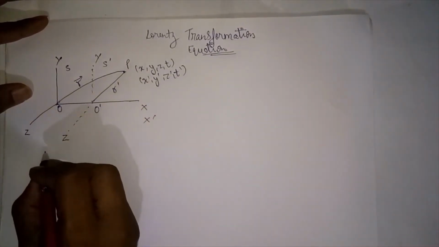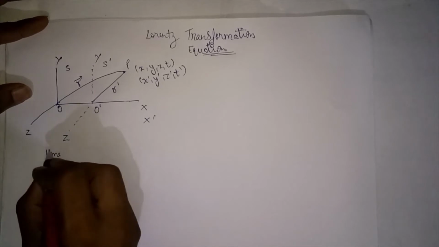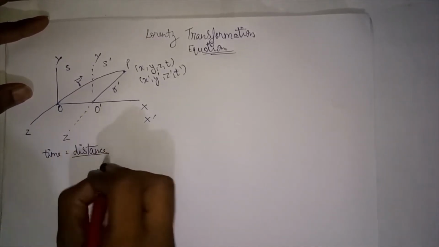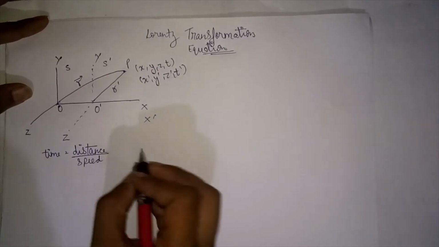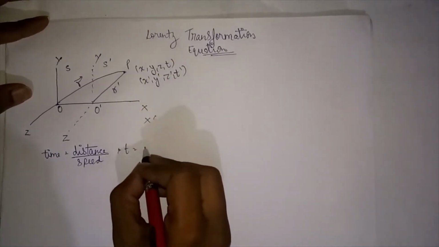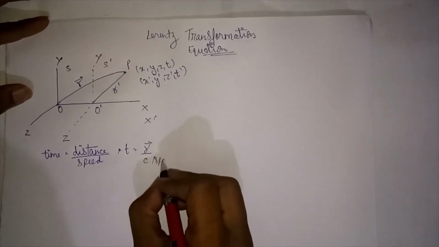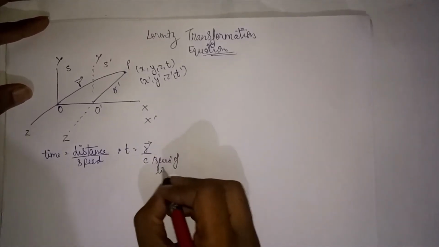Now we know that time is equal to distance upon speed, which implies t equals r dash upon c, where c is the speed of light.